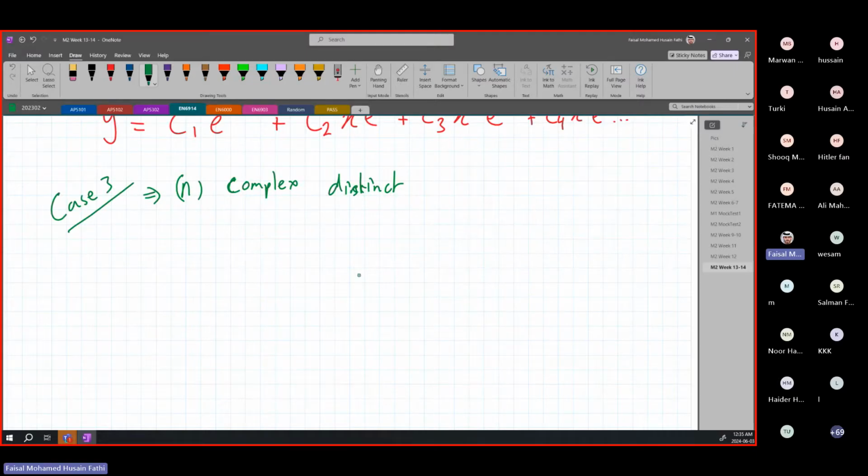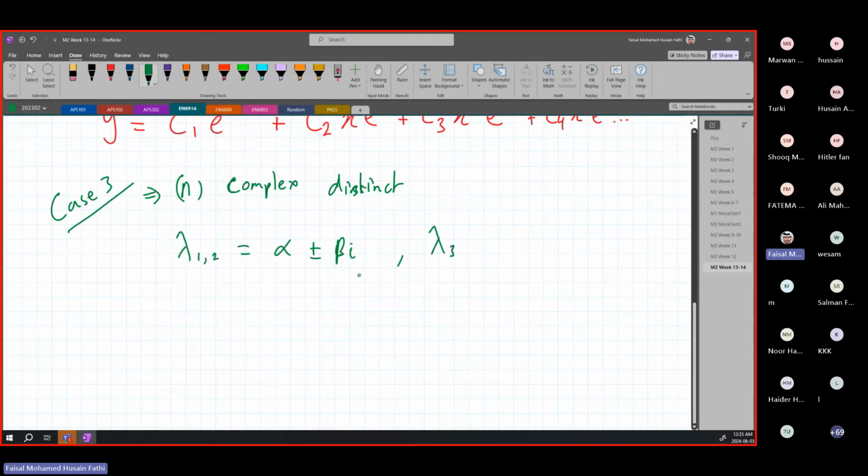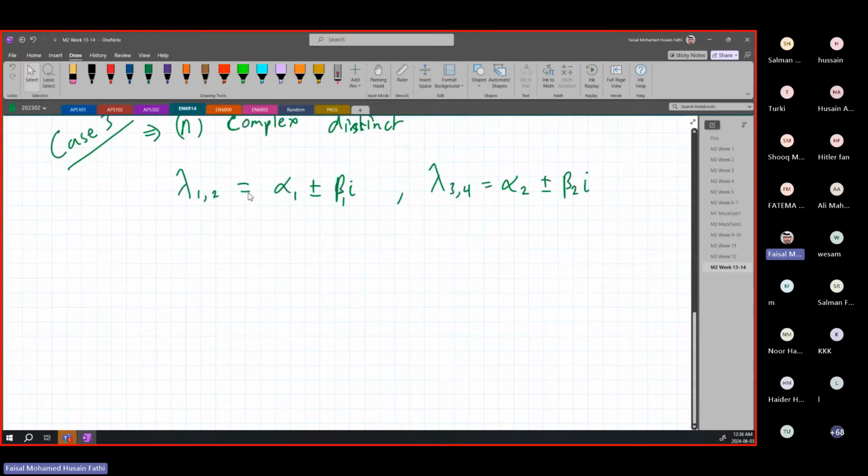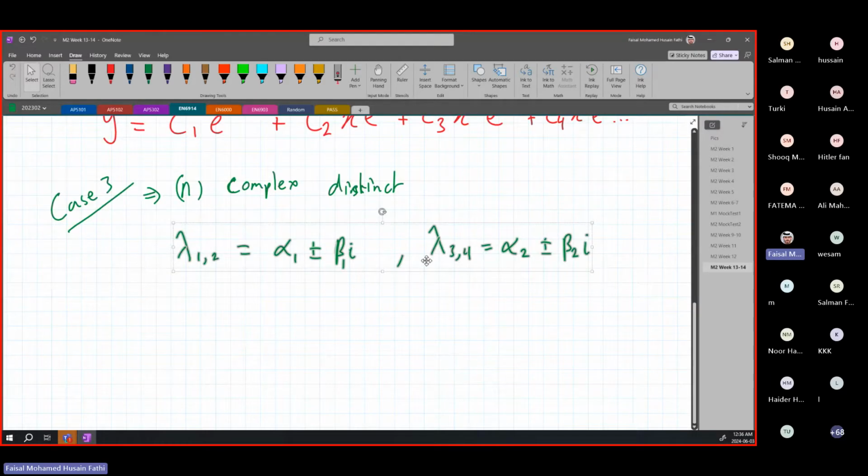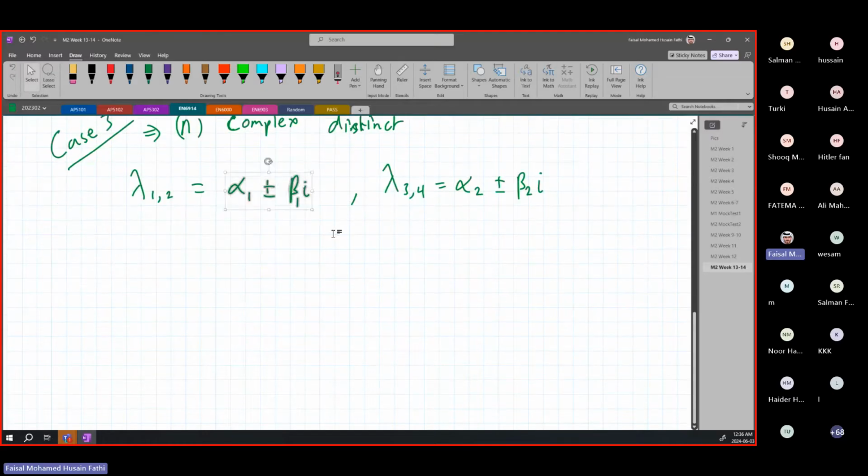The highest possibility you're going to see is lambda 1, 2 equal to alpha 1 plus or minus beta 1 i, and lambda 3, 4 equal to alpha 2 plus or minus beta 2 i. I believe the notes say gamma and delta, but I like to keep it as 1 and 2 so we know what we are doing. So you have your first real and complex part, and then your second real and complex part.